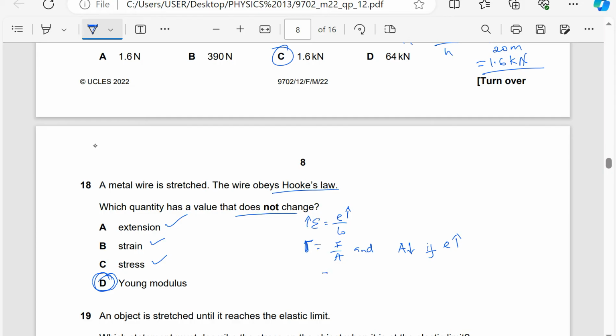So Young modulus is equal to stress over strain. If this increases and this increases, of course, they will increase at the same rate because it's the same material. The increase in stress is directly proportional to the increase in strain. So the Young modulus remains constant. So the answer is going to be D.